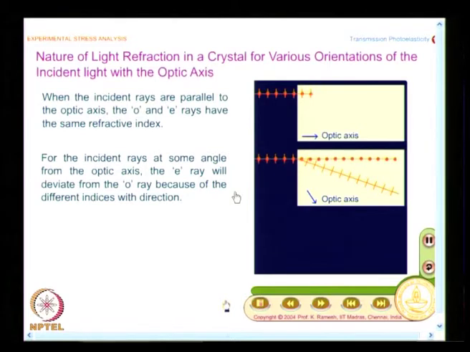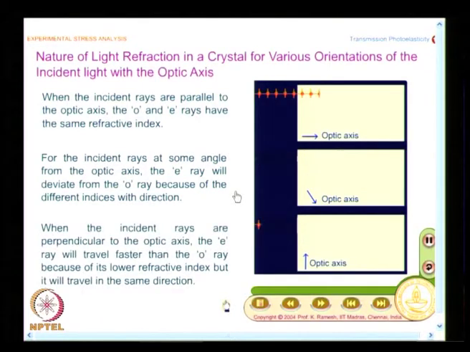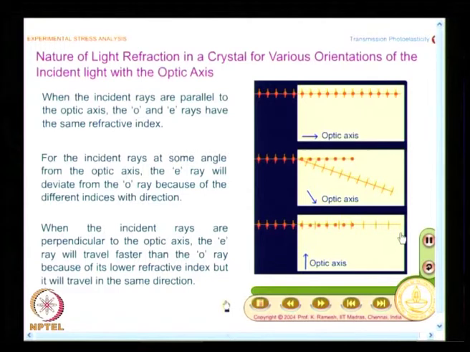And what you will have to look at in photoelasticity is the incident ray perpendicular to the optic axis. Then what happens? When it is perpendicular to the optic axis, both the ordinary and extraordinary rays travel in the same direction. But within the crystal, what will they do?